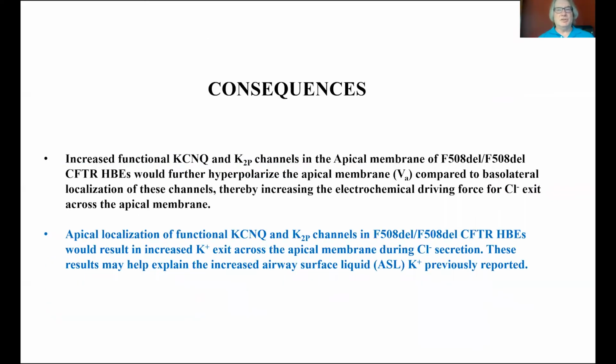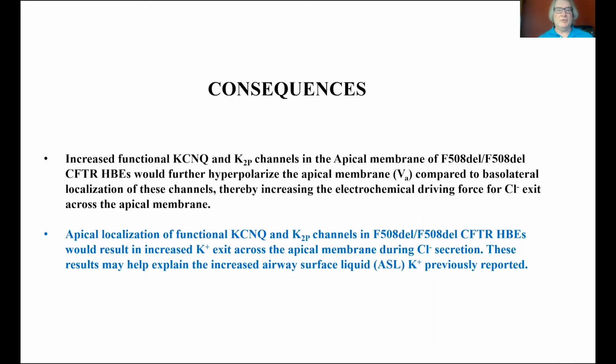So what are the consequences of this localization of these channels? Well, increased functional KCNQ and K2P channels in the apical membrane of the F508del homozygous CFTR HBEs would further hyperpolarize the apical membrane relative to basolateral localization of these channels. That would then increase the electrochemical driving force for chloride exit across the apical membrane under these conditions.